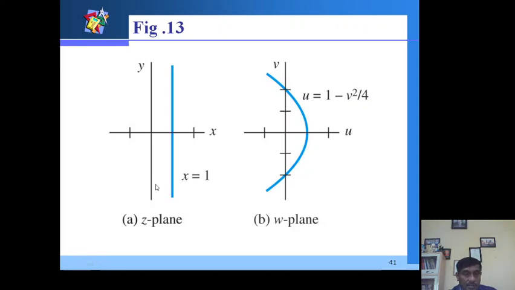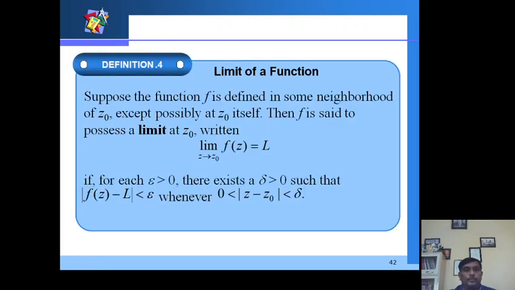This is the given line. After the transformation, the mapping w is equal to z square, you get a parabola u is equal to 1 minus v squared by 4. This is the diagram in the w plane. The line is transformed into a parabola.